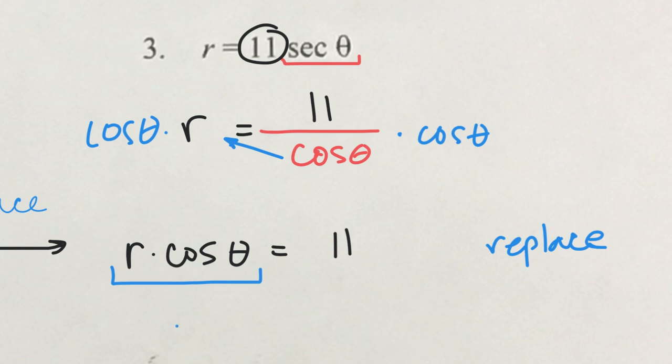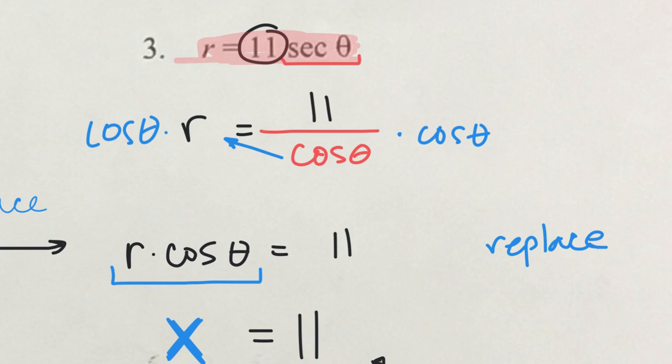X. I can replace it with x. So this is the equation x equals 11, which is a vertical line through x equals 11. Okay, so this up here is a polar equation of a vertical line, right? We never would have guessed that looking at it.